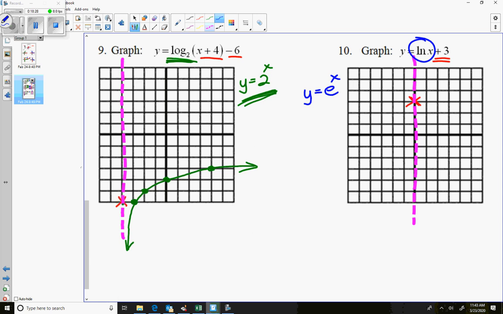So I'm going to think about y equals e to the x. So the exponential would be 0, 1, makes my log 1, 0. Now, e is approximately what? Okay, 2.7. So whereas this would be right 1, up 2.7, my log graph is going to be right 2.7, up 1. And that is all we're going to worry about.